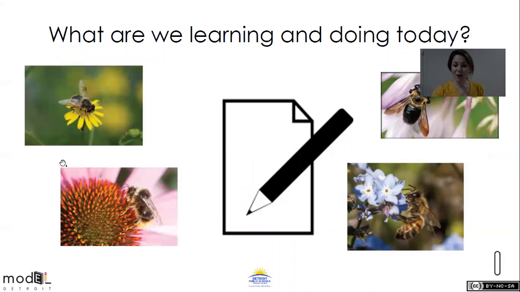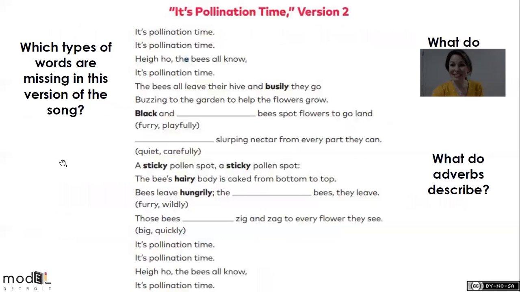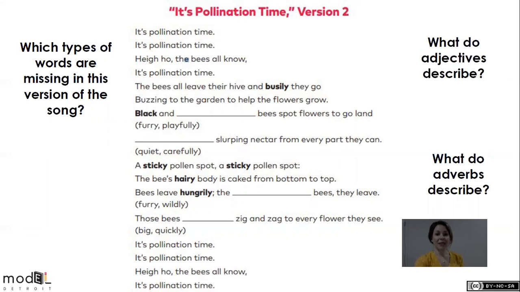I just talked about what we're going to be doing, so let's go. Okay, guys, so we are going to be looking at the poem again about pollination. So it's pollination time. And in this poem, we are missing some words. So let's see. It says black and blank bees spot flowers to go land.